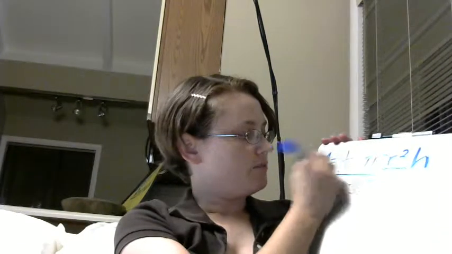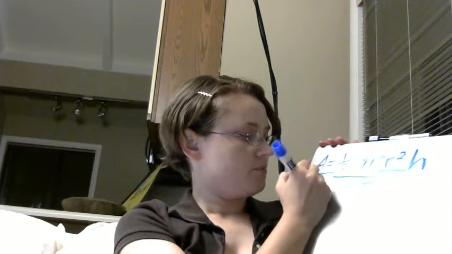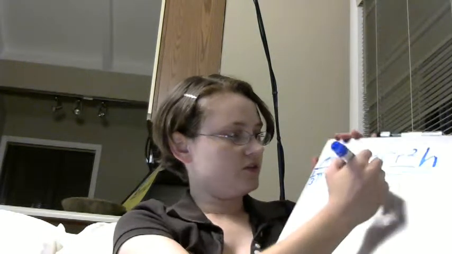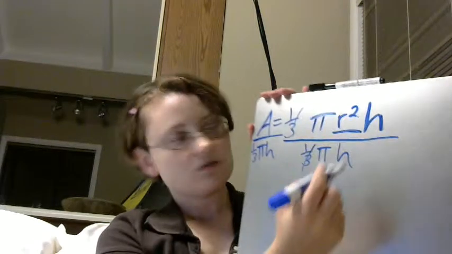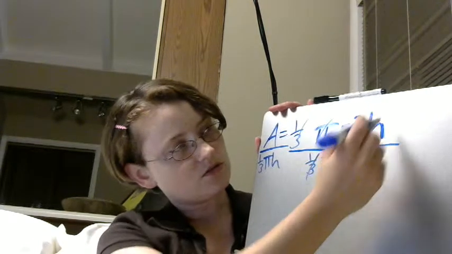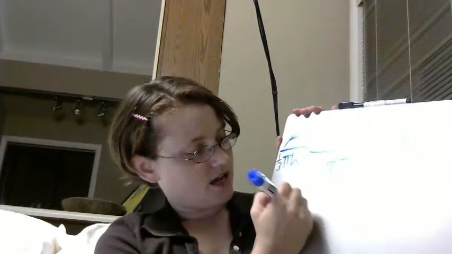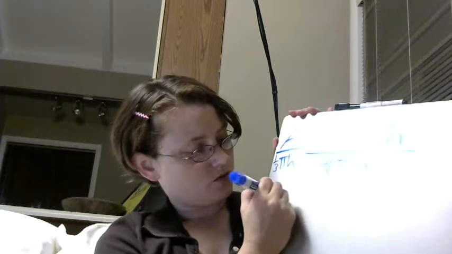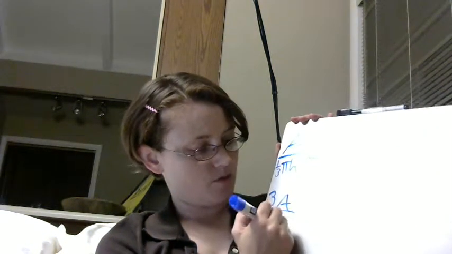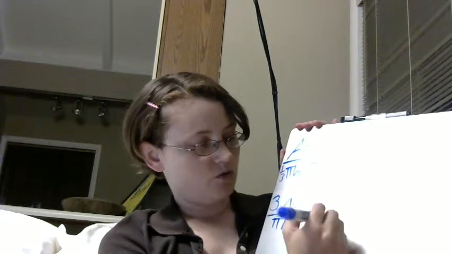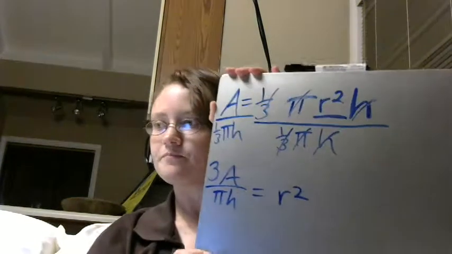So divide both sides by 1/3 pi h. And so all this stuff cancels, and we end up with a times 3, because we're dividing by 1/3, which is the same thing as multiplying by 3, right? So 3a over pi h equals r squared.